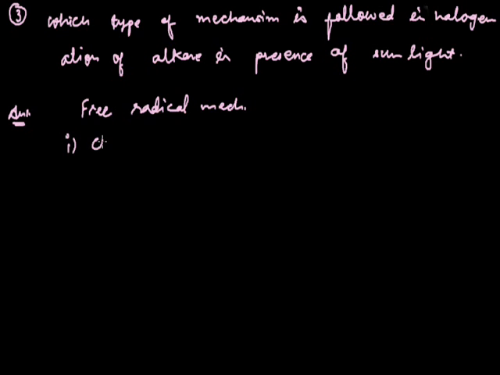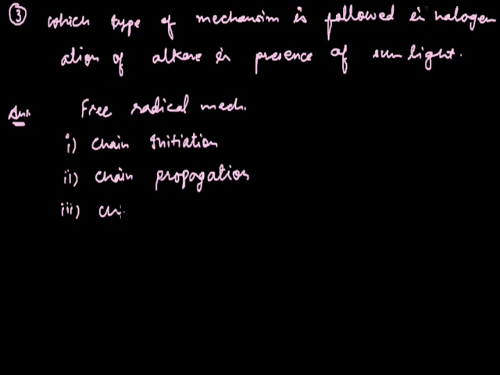First one is chain initiation, second is chain propagation, and third one is chain termination. In this process, many free radicals are formed, in which halo free radicals and methyl free radicals are obtained.